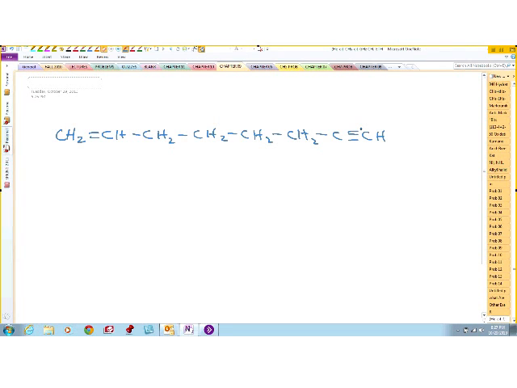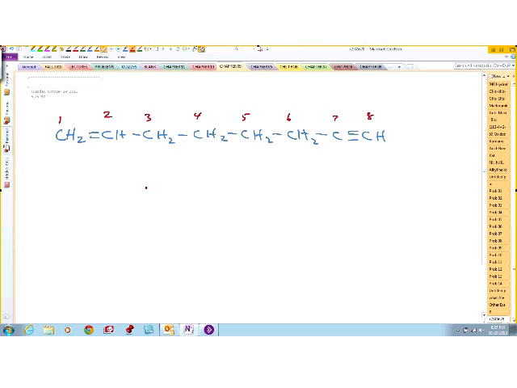You are going to name this as an alkene. Now, in terms of the numbering, you have to also number to give the multiple bonds the lowest possible number. In this case, it just so happens that it does not matter. You could start from here or here. It should be 1 or 1. In that case, you have to give the preference to the carbon-carbon double bond. 1, 2, 3, 4, 5, 6, 7, and 8.